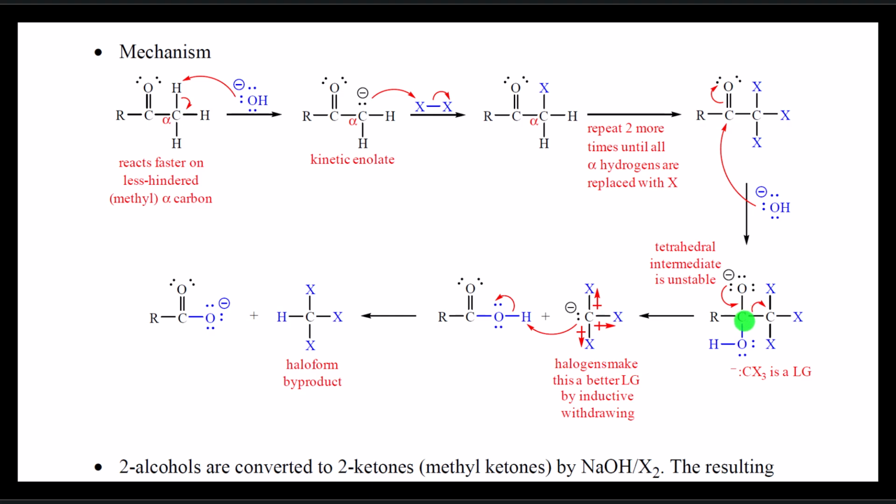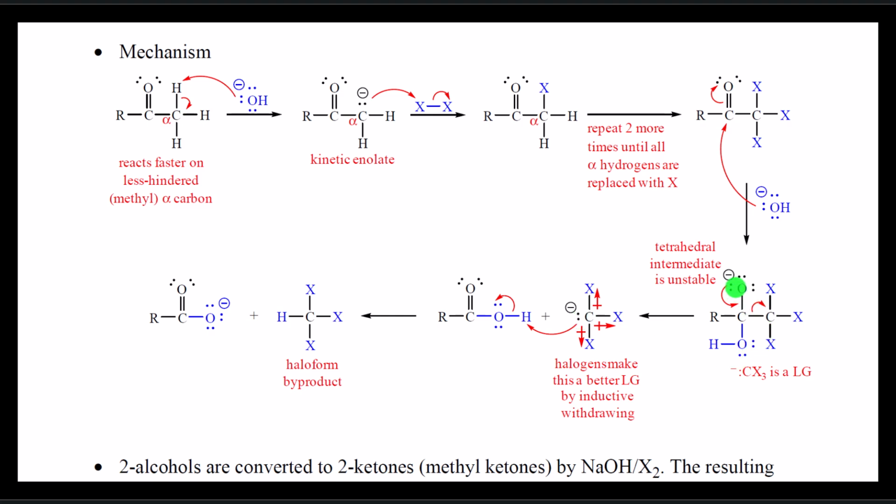And it turns out that the CX3, the carbon with 3 halogens on it, can act like a leaving group because they pull electrons away from the central carbon. So they stabilize the minus charge that would be formed on that carbon. This is an inductive effect.